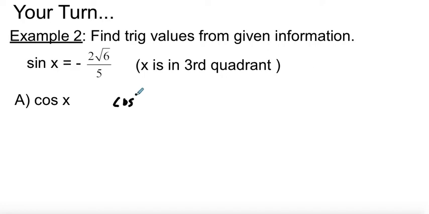It's just cosine squared x plus sine squared x equals 1. I'm going to put my sine in there. Cosine, not doing anything with yet.